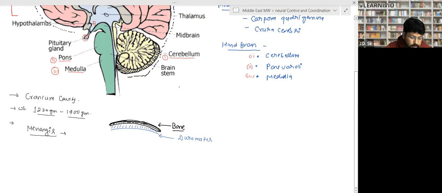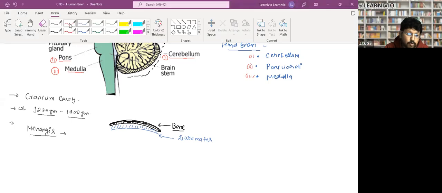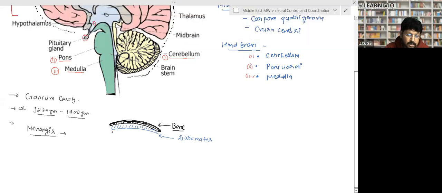Below the dura mater there is a liquid-like substance filled between the two membranes, which protects the brain from shocks. So what is the name of this liquid?